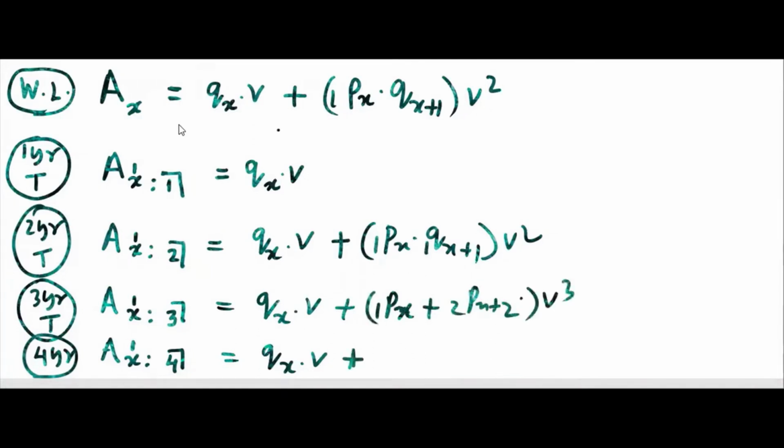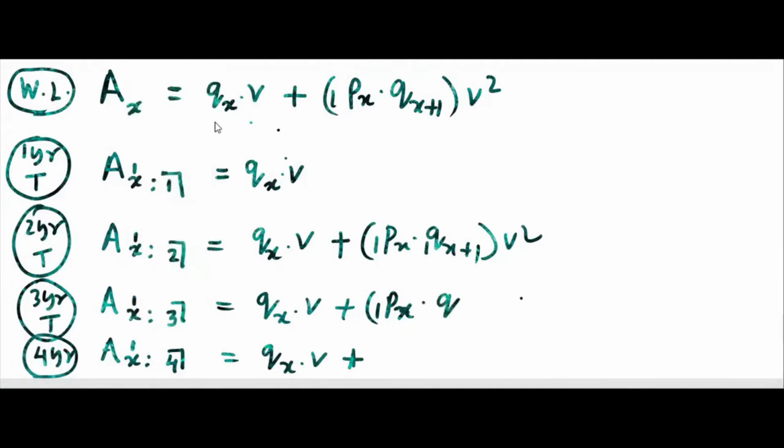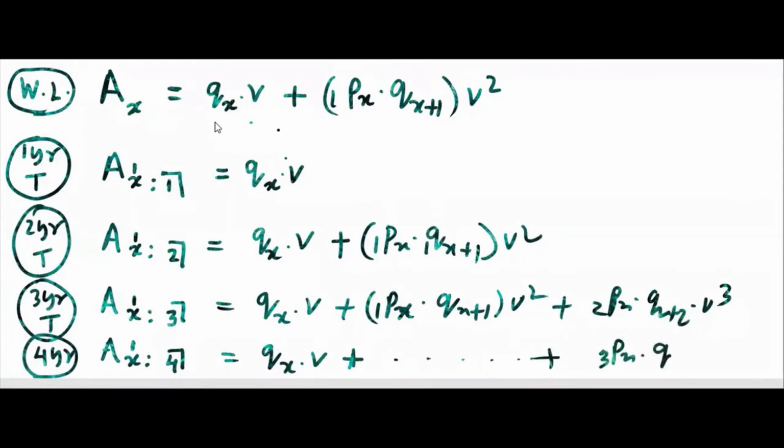We'll write 4 terms here. p x q x plus 1 v squared, p x 2 q x plus 2 v power 3. And if it's 4 years, you write 4 terms. That way you can continue.